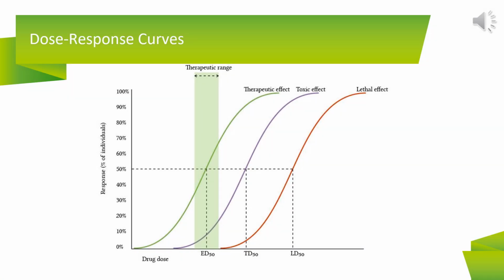Another way to look at a dose response curve, specifically identifying the therapeutic effect, the ED, your toxic effect, and then your lethal effect. For the most part, you're looking for lethal doses, so you're looking at LD50s. But I wanted to show you this again so that you could see this graph looks very familiar and very similar between the ED50, the TD50, and the LD50.